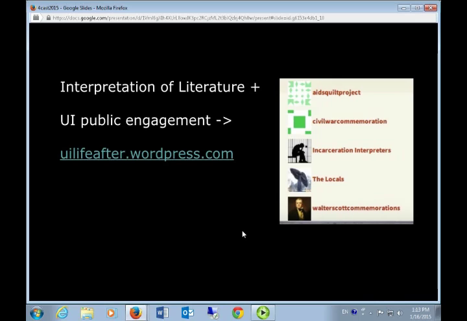And so I divided students into 5 research groups. I knew generally what 5 topics I wanted to do, and I based them on existing University of Iowa related public engagement projects. So I knew that there was a Walter Scott Waverly commemoration celebration happening. I knew that there was a big symposium with the University of Iowa Prison Projects Coalition happening.